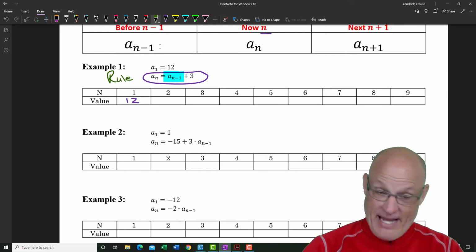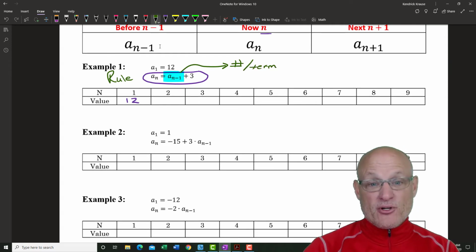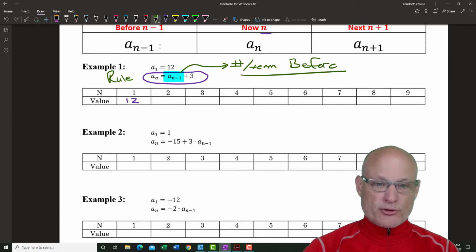Almost every single time in your rule, if we're talking about recursion, this will represent the term before, because sometimes it's got variables. We'll do variables in another unit when we do recursion. So it's something with the term before.